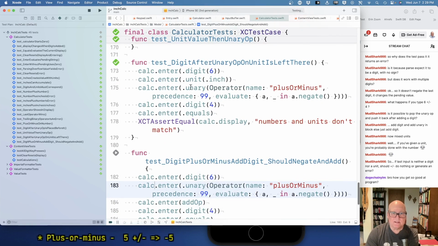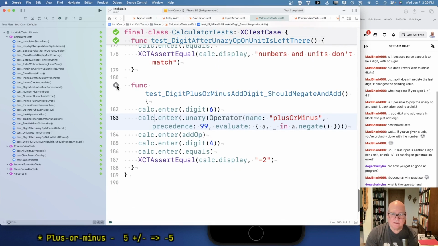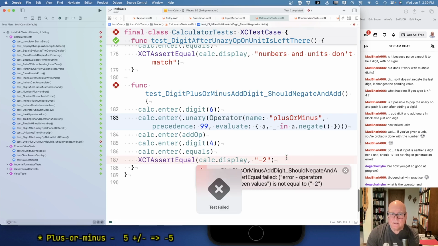They're wordy at this level, but they're more direct. Xcode, man.